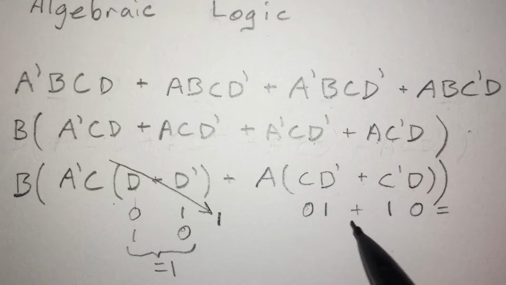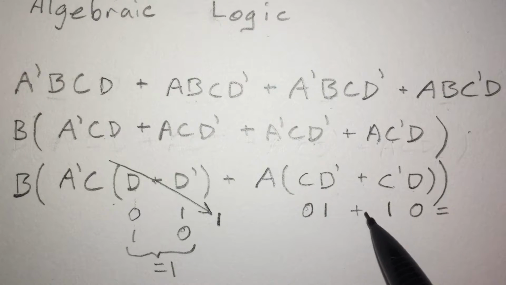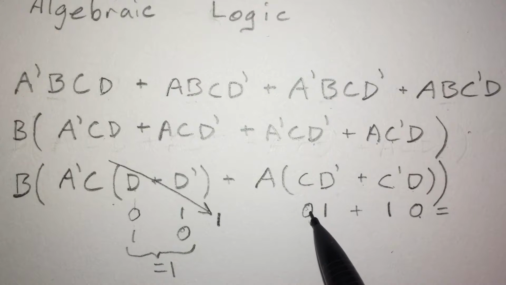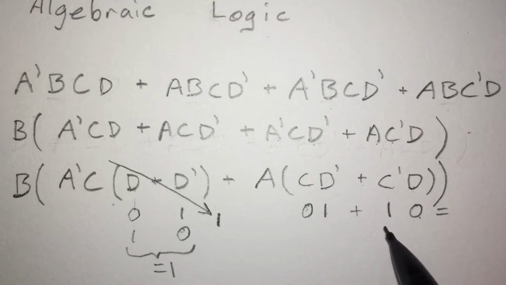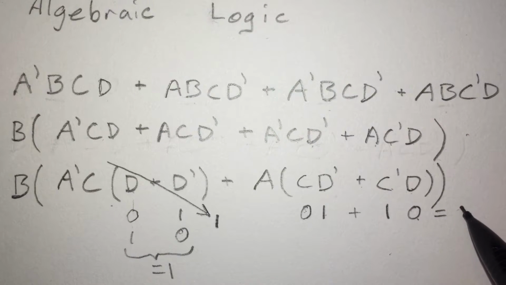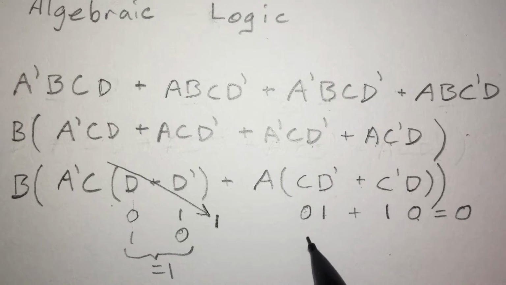But because we need 0 and 1 or 1 and 0, there's no term in this combination that is actually true. But what if C is 1 and D is 0?